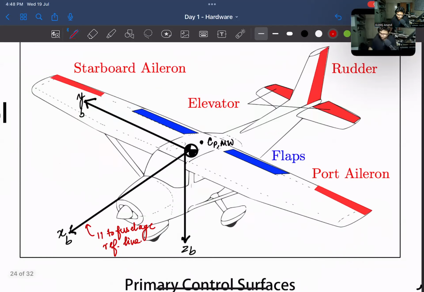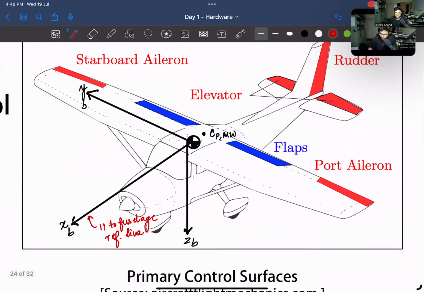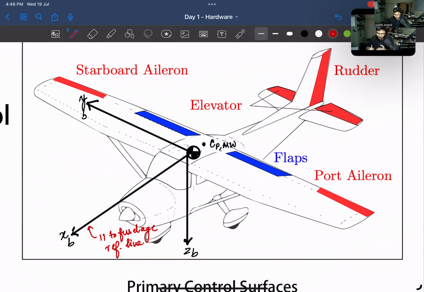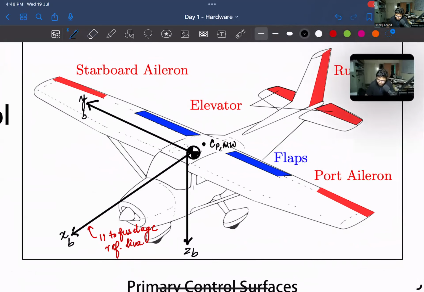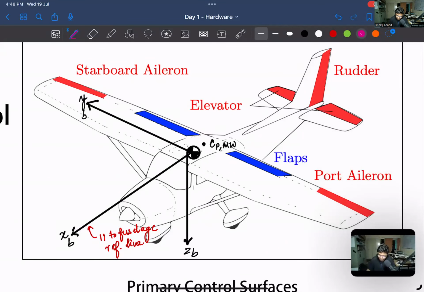Now what happens in the case that we are dealing with here in this aircraft? So you already have this wing and this wing producing equal amounts of lift. I'll just use a different color. I'll just call this lift on the starboard side and lift on the port side.